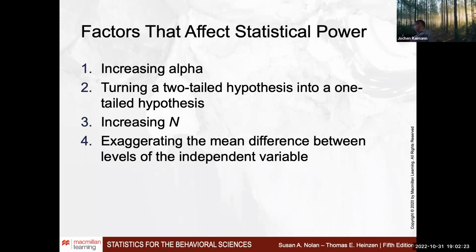If you want to exaggerate that mean difference, you have a problem in many cases because you would need to find a way to intensify your intervention. You need a stronger intervention to get these two groups apart. And that's sometimes hard to do, sometimes even unethical.